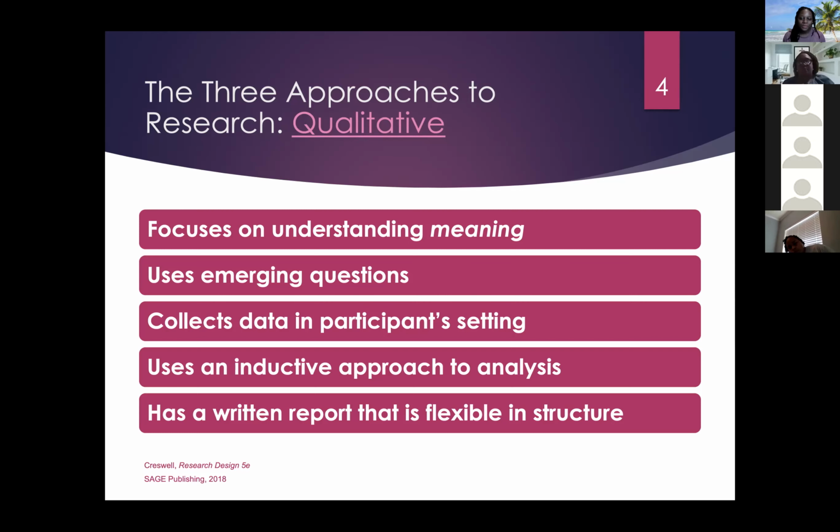And one of the most important things I want you to remember with a qualitative approach is that the written report is flexible in structure. And so throughout this semester, we talk about, in general, what a chapter 2 looks like, what a chapter 1 looks like, what a chapter 3 looks like in this 5-chapter idea of a dissertation.